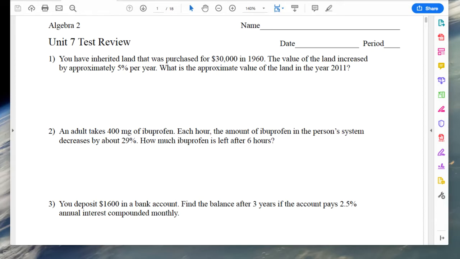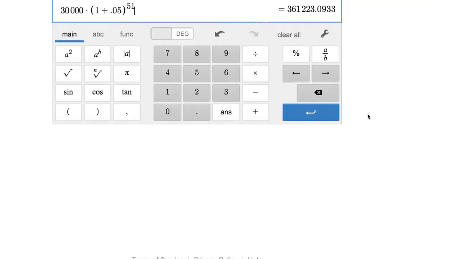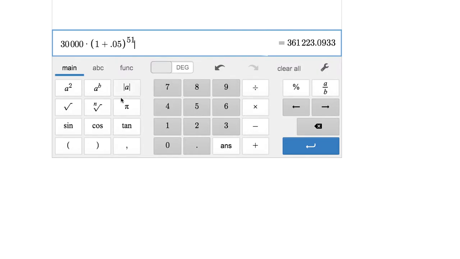Then you go to the calculator and hit clear. So 400 times parentheses 1 minus 0.29, close our parentheses, go to our exponent, and it's 6 hours.